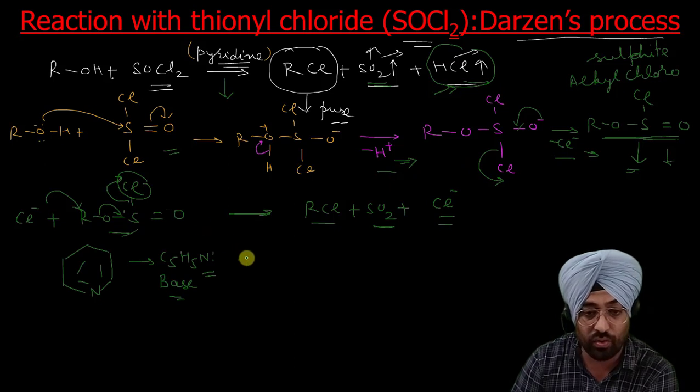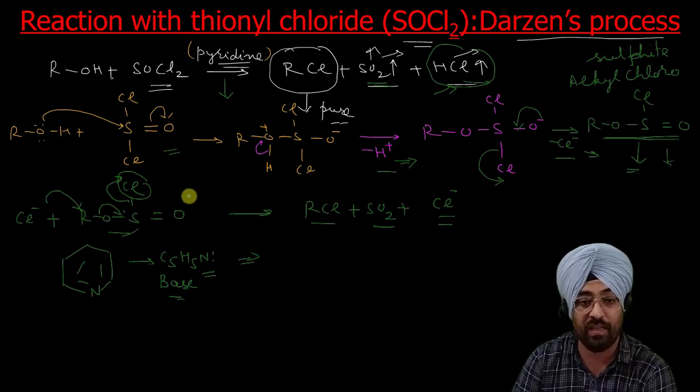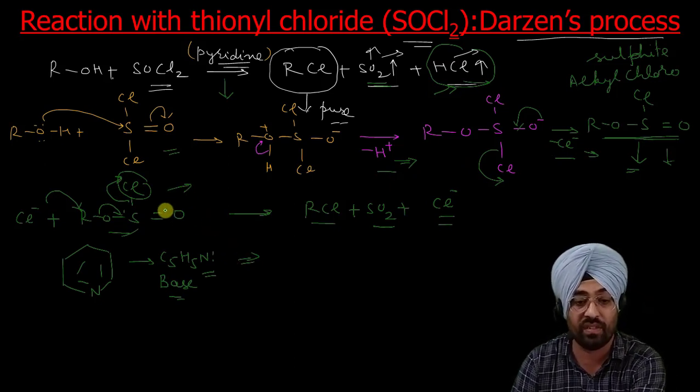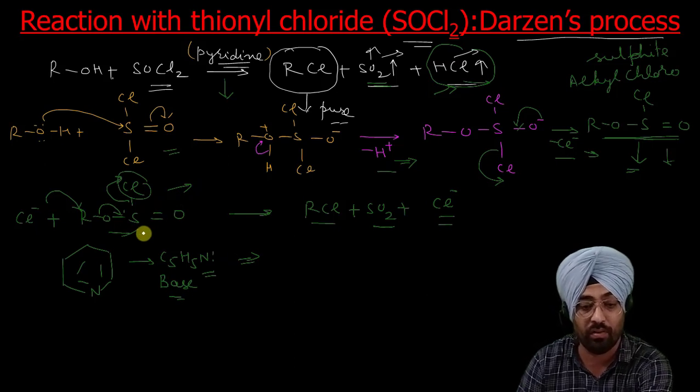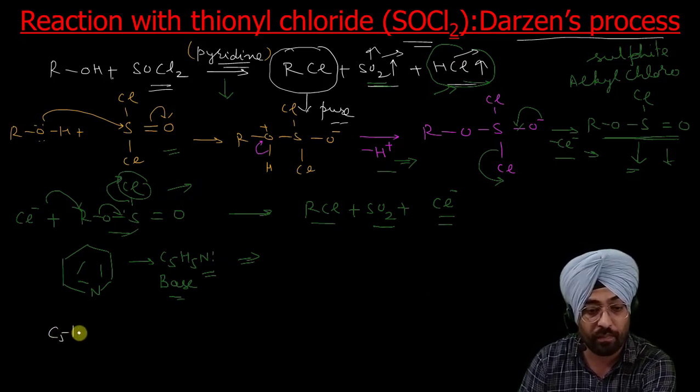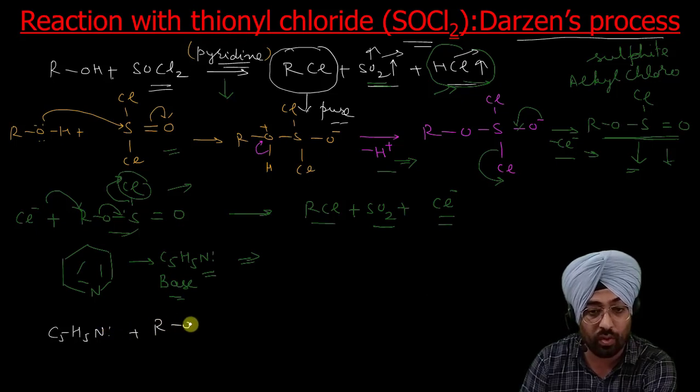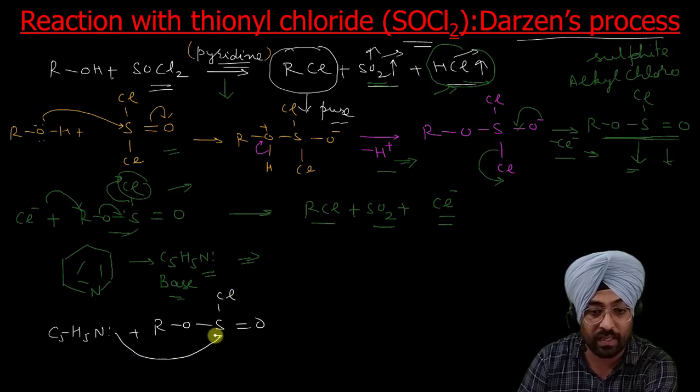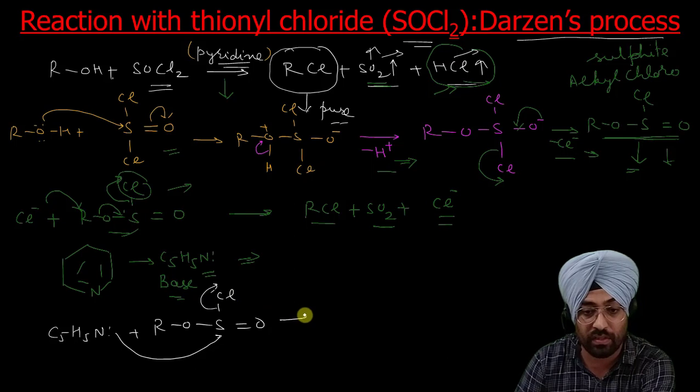Pyridine is also quite helpful in eliminating this Cl from the alkyl chlorosulfite. Let us see how. C5H5N plus RO-S(=O)-Cl. So this attacks here, and Cl negative is removed.